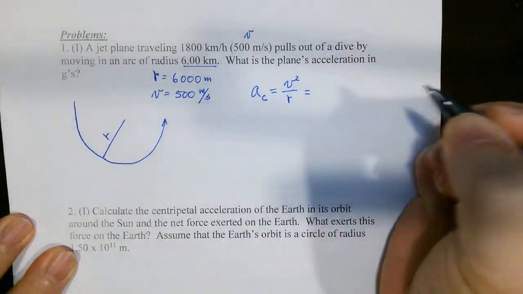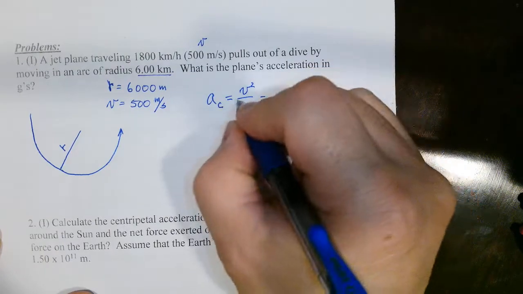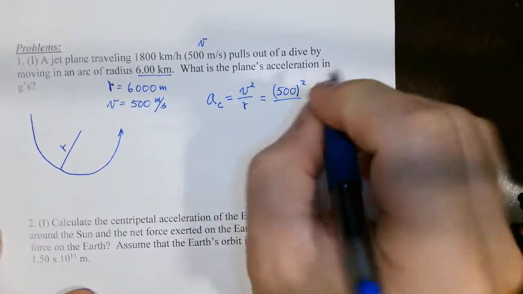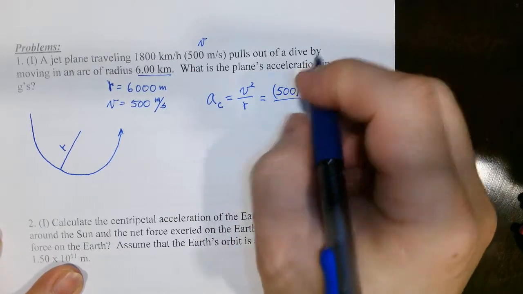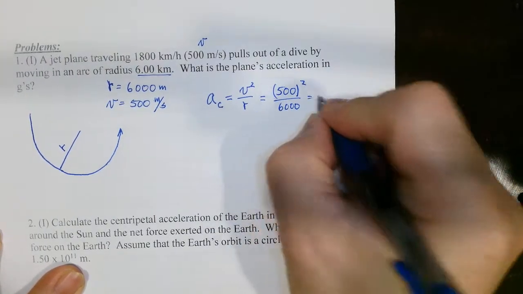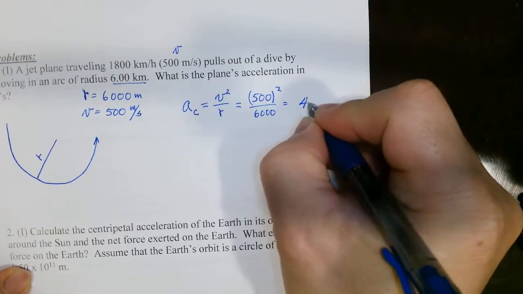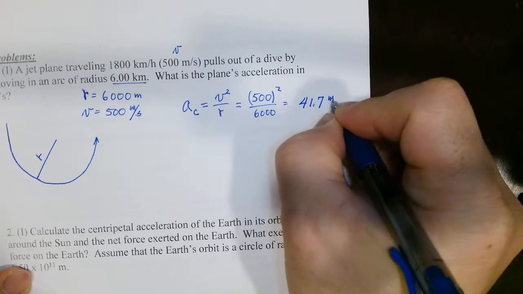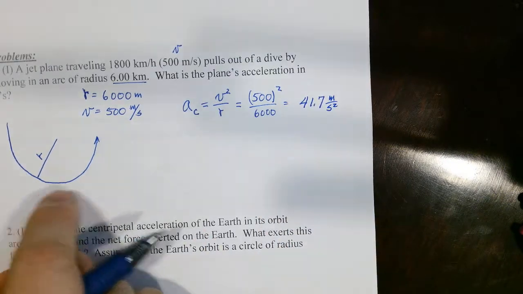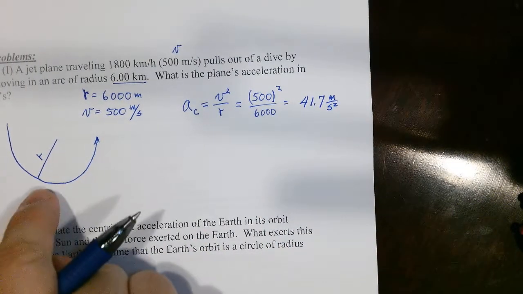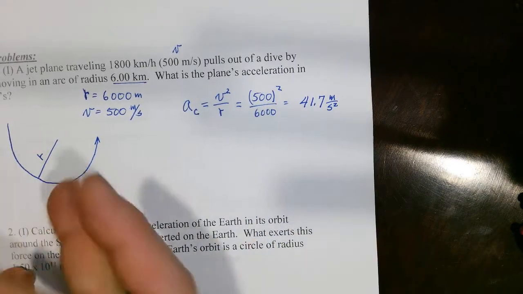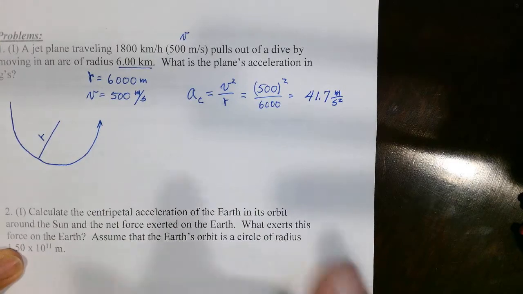So if we were to plug in these values, where v is 500, and you have to square that, divide that by 6,000 meters, what we get is 41.7 meters per second squared. So that is the acceleration this pilot would be feeling, right? Including acceleration due to gravity that's not really calculated in there, okay?